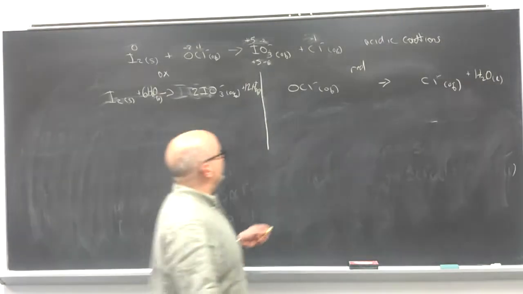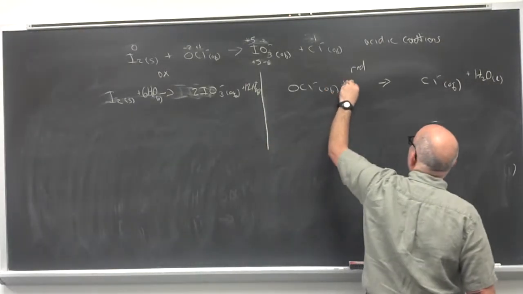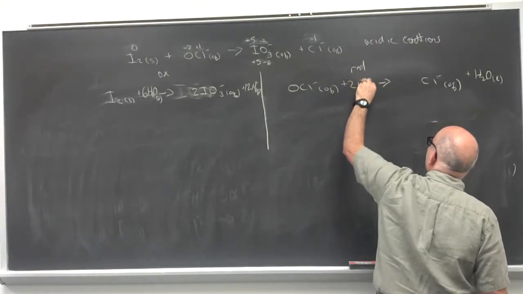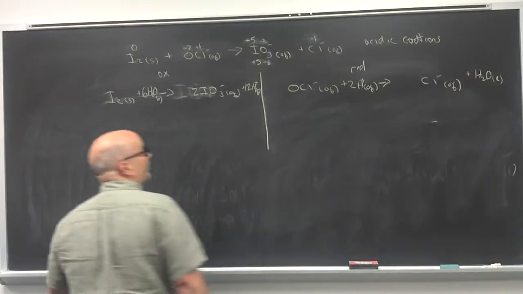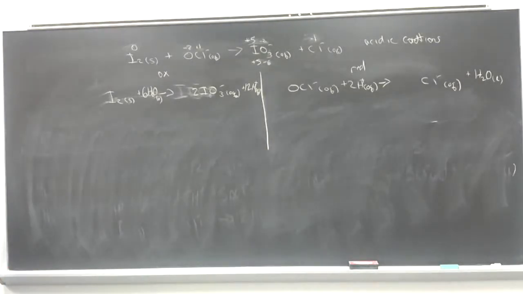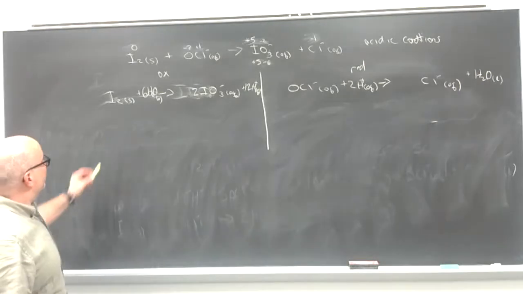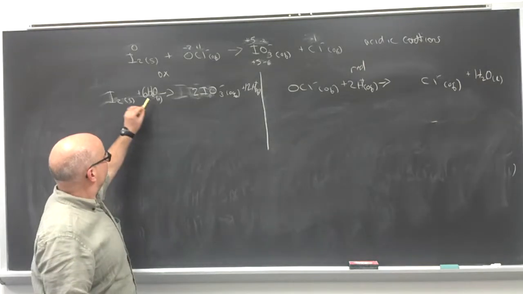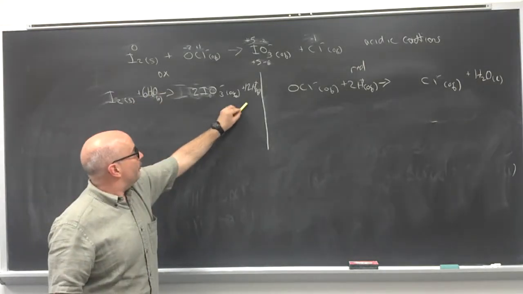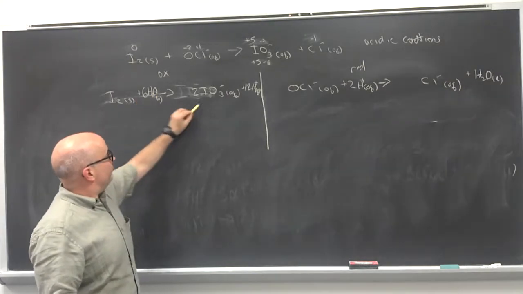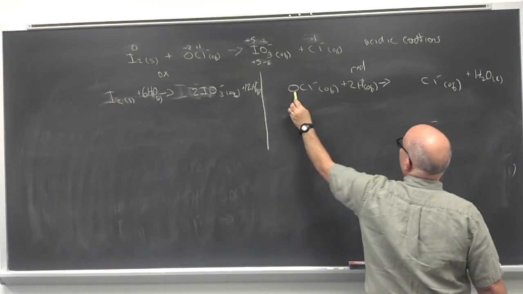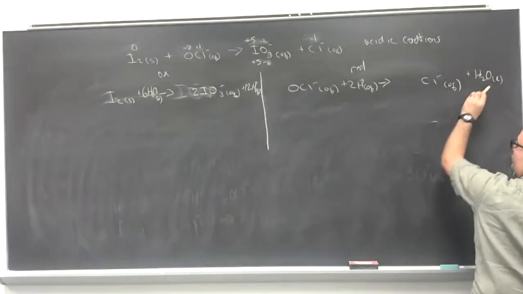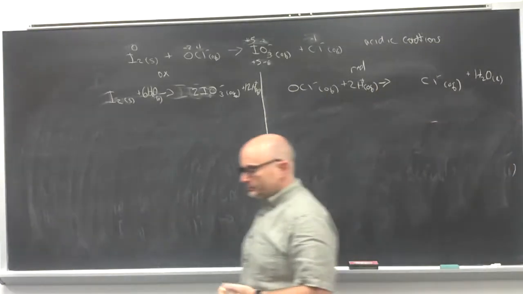And likewise, we need two protons here to balance those out. So at this point, both of these half reactions should be atom balanced, and check. So 2 iodines, 12 hydrogens, 6 oxygens, 1 chlorine, 1 oxygen, 2 hydrogens, 2 hydrogens.